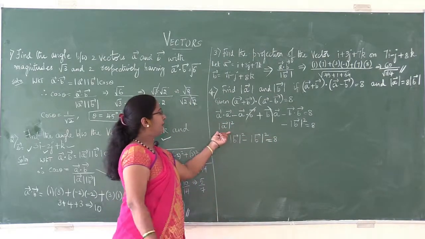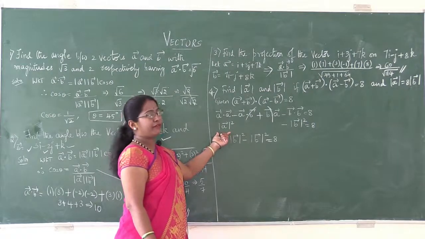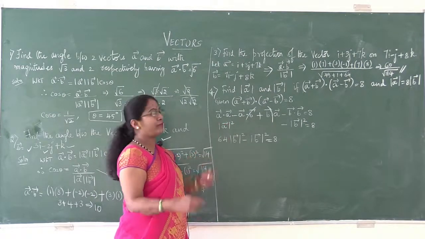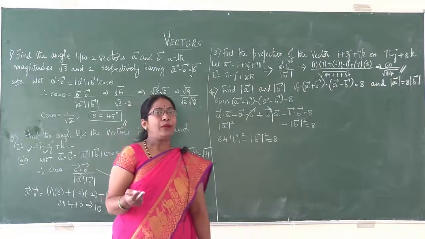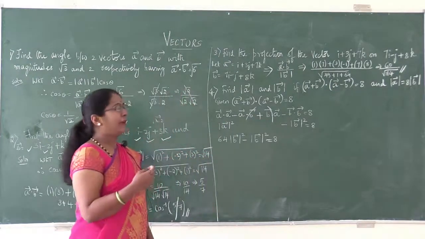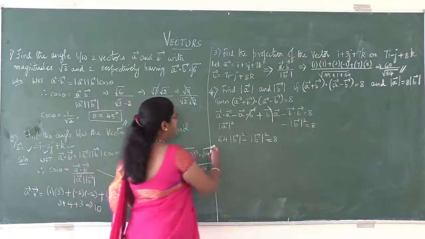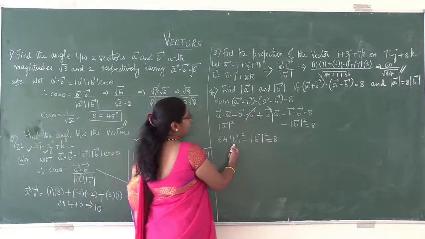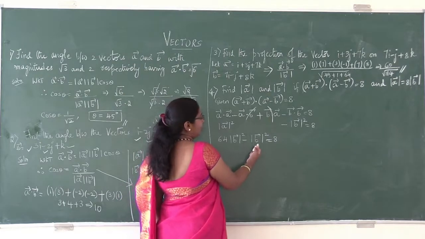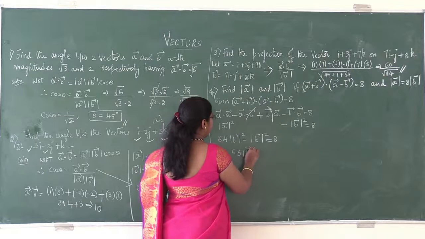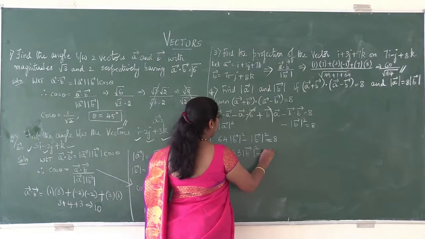When you square, 8 square becomes 64 and the magnitude of vector B becomes the magnitude of vector B square. So 64 times the magnitude of B square minus 1 times the magnitude of B square is 63 times the magnitude of B square, equal to 8.